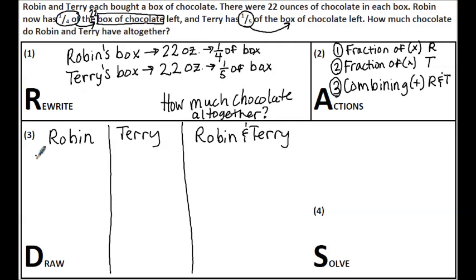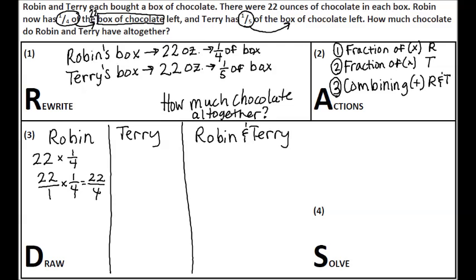So let's go back to Robin. We have 22 ounces of chocolate, and we want 1/4 of those 22 ounces. So we're going to put them both into fractional form, 22 over 1, and 1/4 is already a fraction. So 22 times 1 is 22, and 1 times 4 is 4. So we have 22/4, and it's easier to work with numbers that are simpler or smaller.